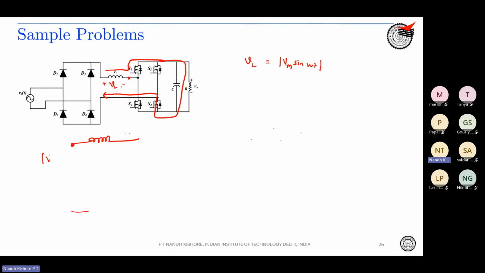The output side is directly getting connected to V0. So this is VL on, that is |Vm sin omega t| minus V0. This is the L charging period.